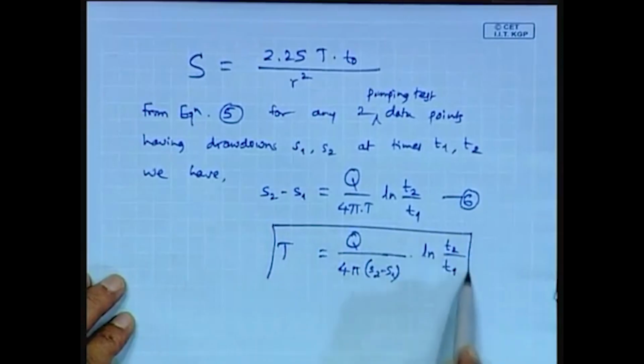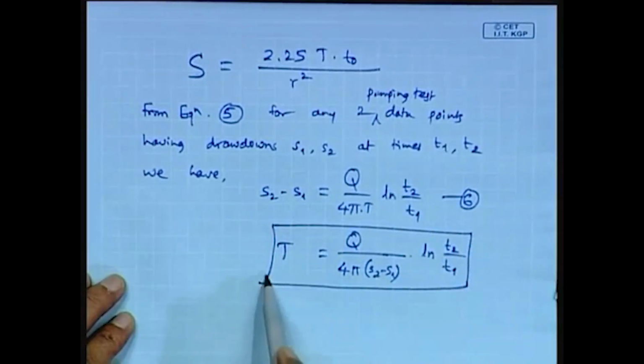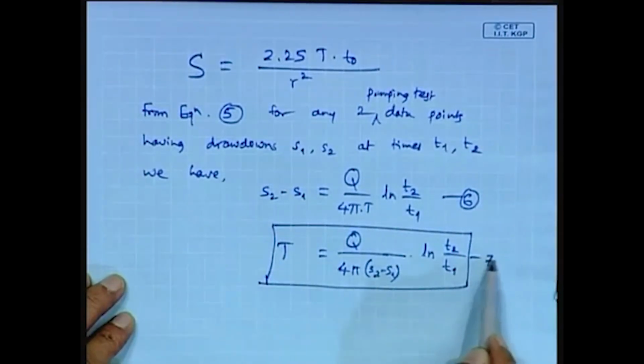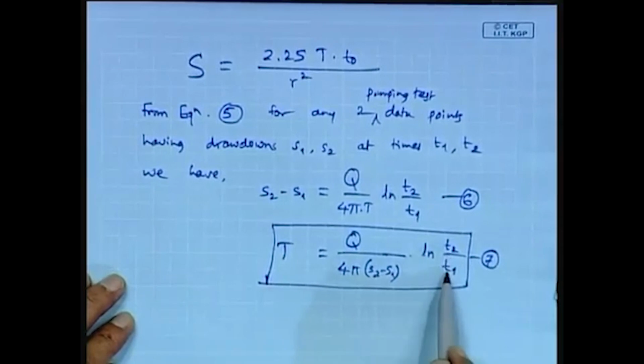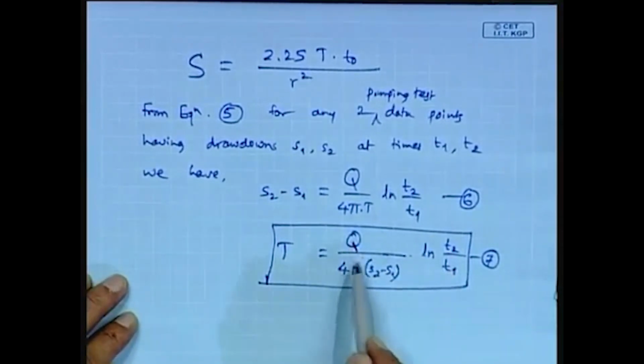This is equation 7. Here S2, S1, t2, t1 are obtained by the pumping test, and Q is also obtained by the pumping test, where the discharge is constant and only the drawdowns are variable or unsteady.